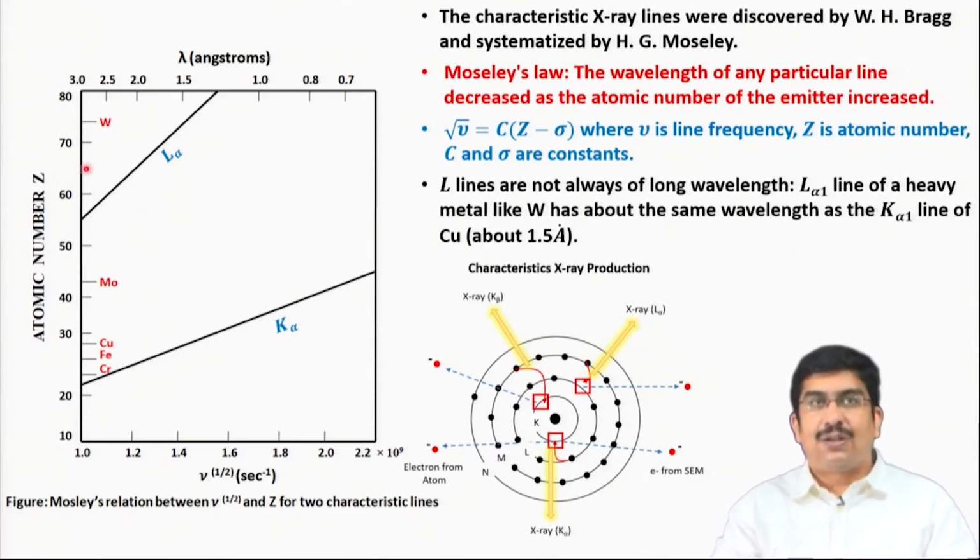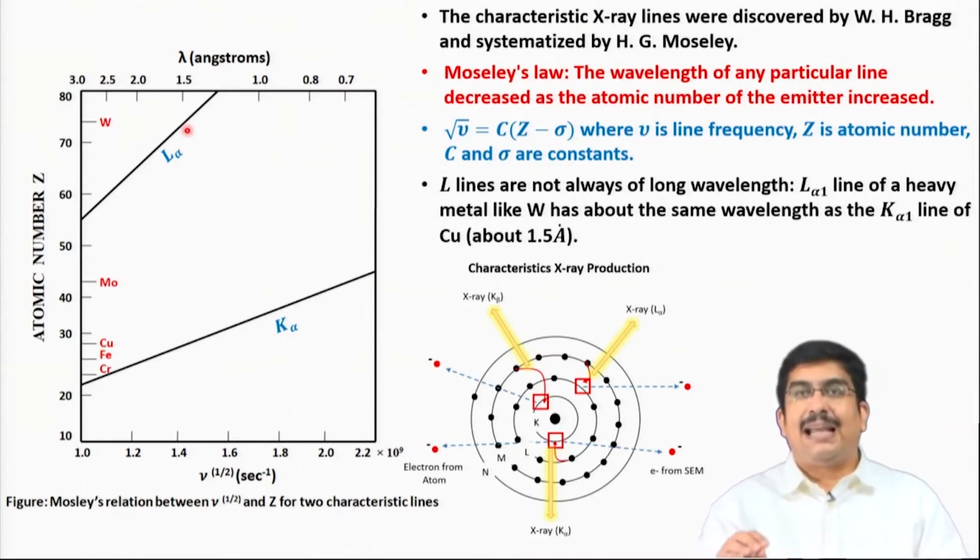For example, the wavelength of L lines for tungsten is comparable to that of K lines of copper. The K lines of copper are around 1.5 angstrom, and the L lines of tungsten are also around that wavelength.